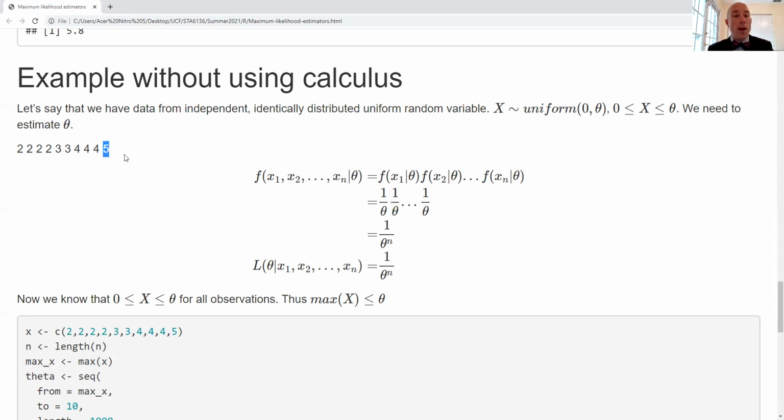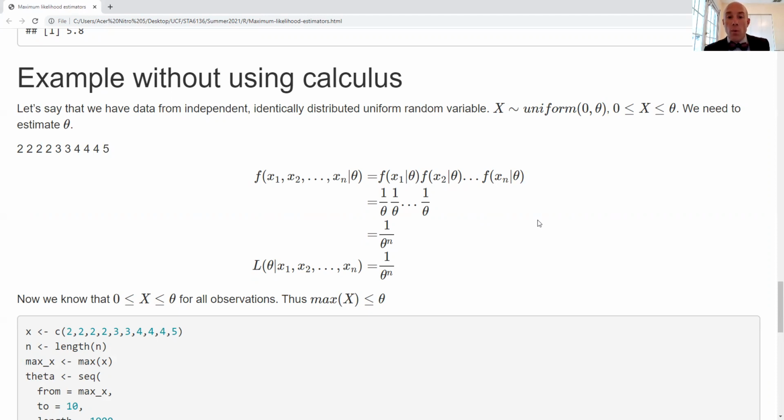So 5 being less than or equal to theta gives me some information. What I know is that the maximum value of my data is less than or equal to the maximum parameter of the uniform distribution. So how do I incorporate this?